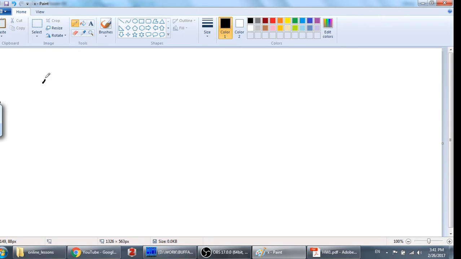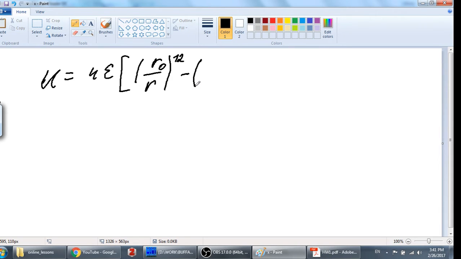The potential U is 4 epsilon, then big parenthesis open, r sub 0 divided by r to the power of 12, and then minus the same fraction to the power of 6.